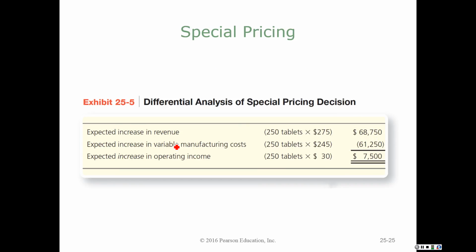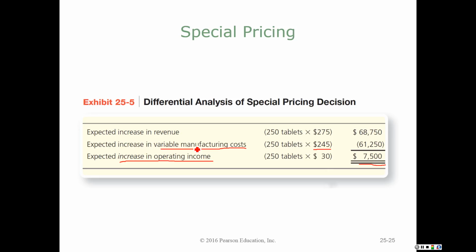I'm going to incur variable manufacturing costs of material, overhead, and labor of $245 for 250 tablets, so it costs me $61,250. My contribution margin and operating income would increase by $7,500 because my fixed costs are already covered.